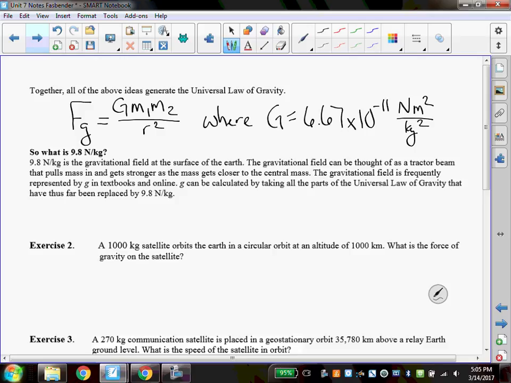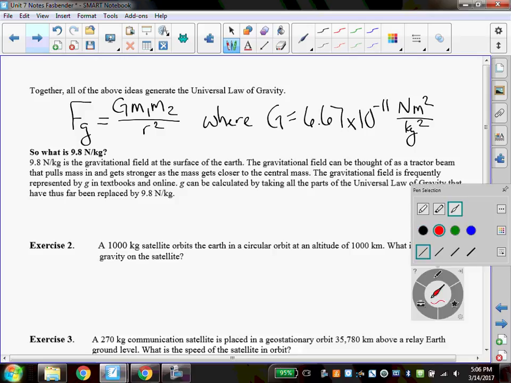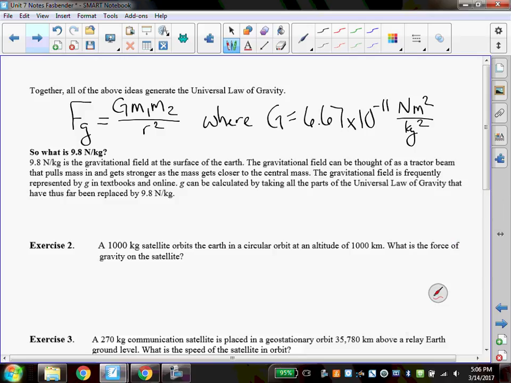So let's take this time to actually talk about what 9.8 newtons per kilogram really is. We've now realized that it's particular to the surface of the Earth, and if we want to break that thing open, we actually find that inside of it is a whole bunch of stuff. Inside of that 9.8 newtons per kilogram is everything that is not the mass of your object.